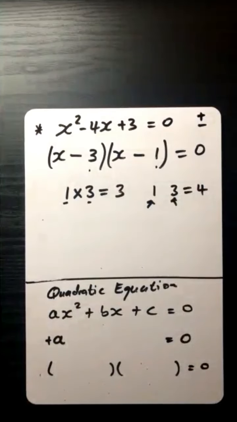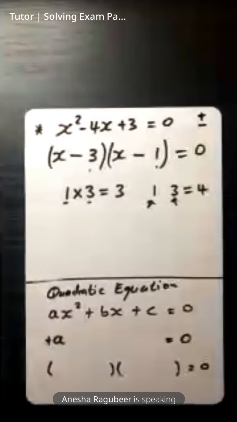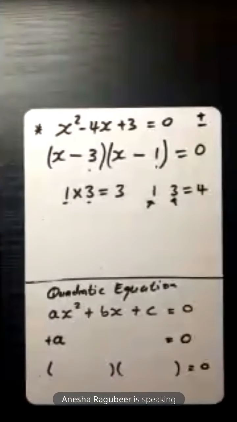I'm not sure if you understand this part. No, sir, I understand it. 100%, ne? So, sir, if the constant number is a positive, the sign in the last bracket changes to a negative.